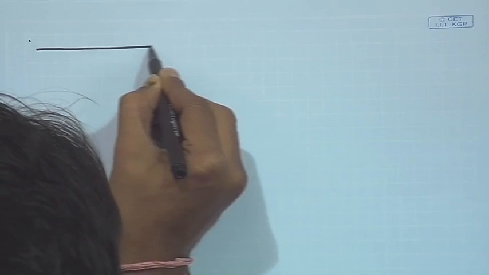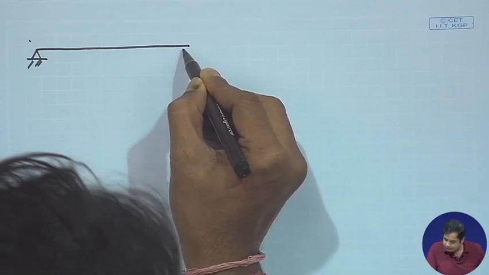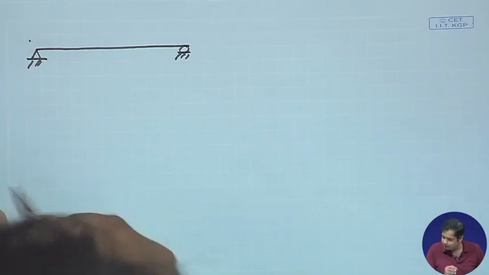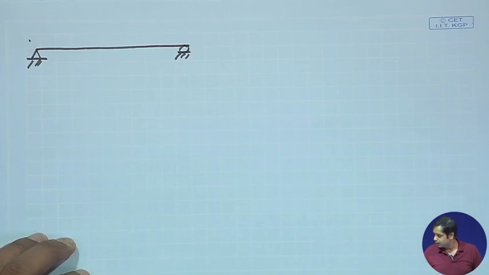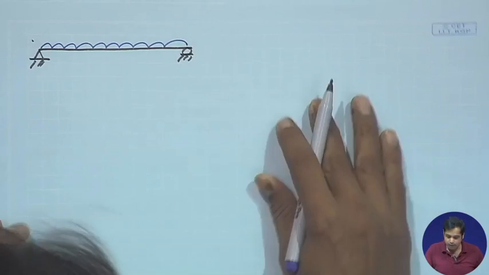Since now we need to solve 3 determinate structures, one is the primary structure subjected to the external load and then 2 primary structures which are subjected to the 2 redundant forces. Okay. Now, this is the first primary structure which is subjected to the external load. Okay.